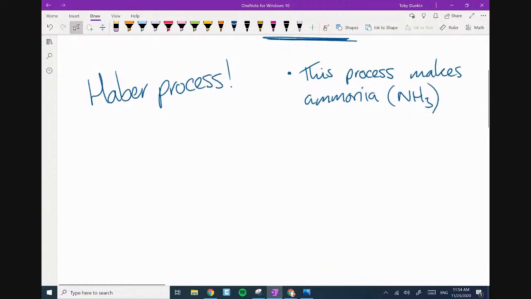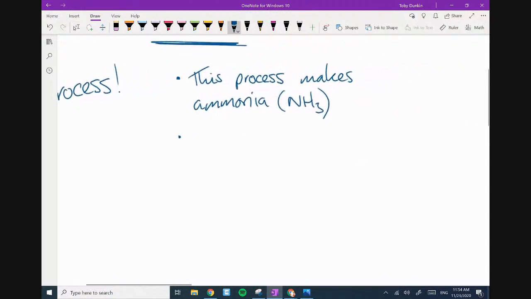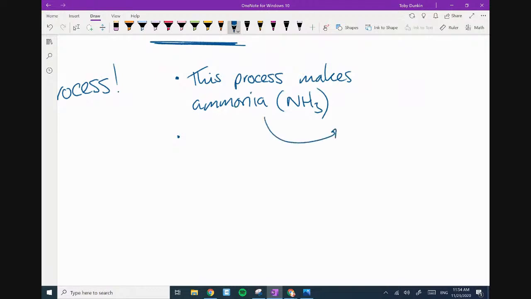Anyway, so Haber process. This process makes ammonia. Now just to tell you that ammonia is a gas, but we'll come back to that later. Ammonia is used to make fertilizer.